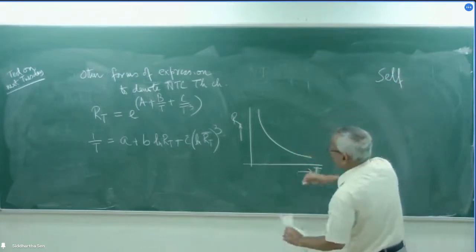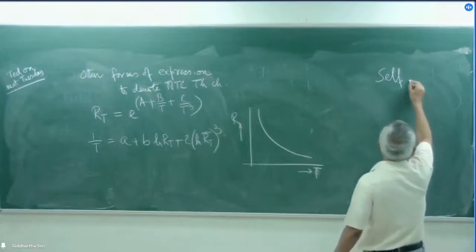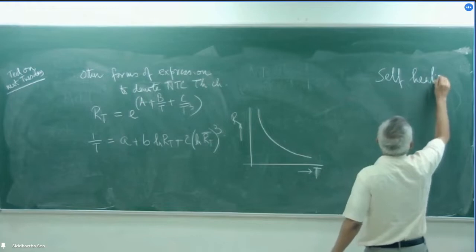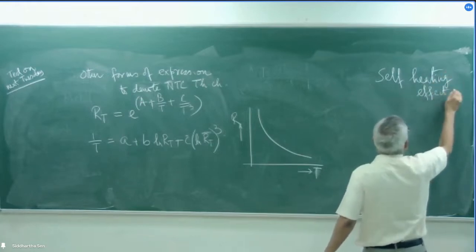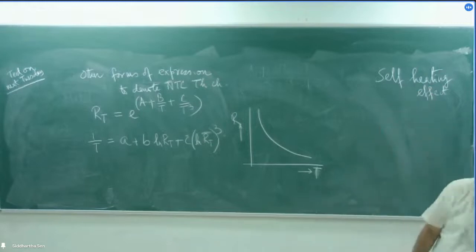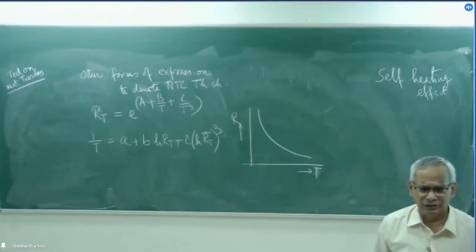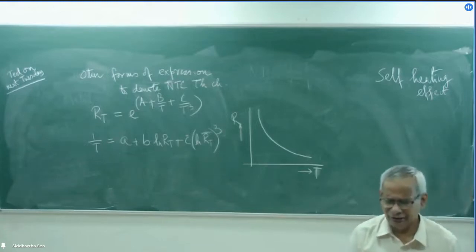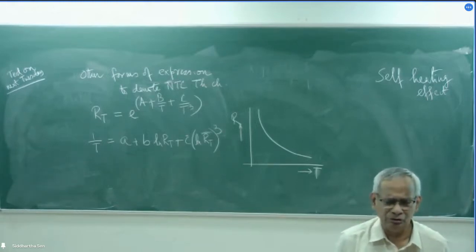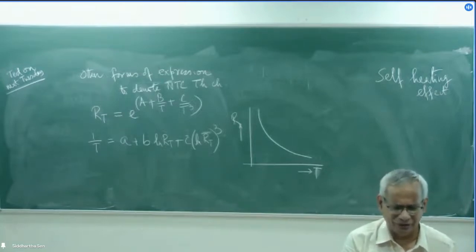Another problem with the thermistor, which is more common and difficult, is the self-heating effect. What is the self-heating effect? Given a resistance, we measure the resistance by a multimeter. What does a multimeter do?